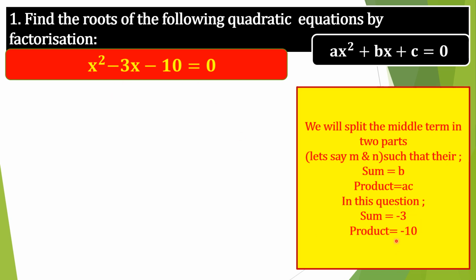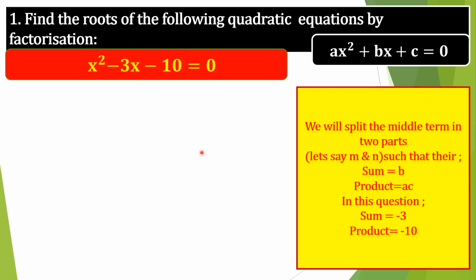In case of negative, if product is negative and sum is positive, the product of two numbers can only be negative if one of them is negative, right? One of them will be negative. And if sum is positive, means the greater one will be positive. If sum is negative, then the greater one will be negative. Clear? So we should clarify this in the beginning so that in coming questions we move slightly faster than this first question.